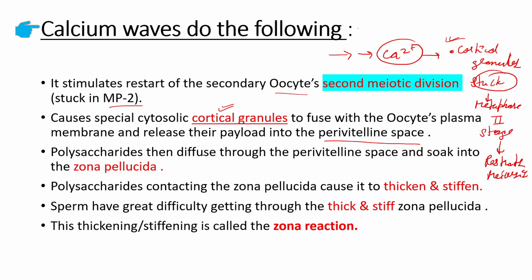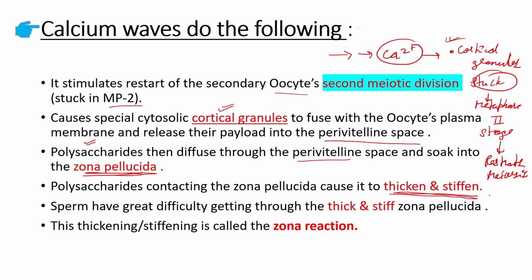Now polysaccharides then diffuse through the perivitelline space and soak into the zona pellucida. The polysaccharides released from the cortical granules would interact with the zona pellucida layer. Polysaccharides contacting the zona pellucida layer cause it to thicken and stiffen.